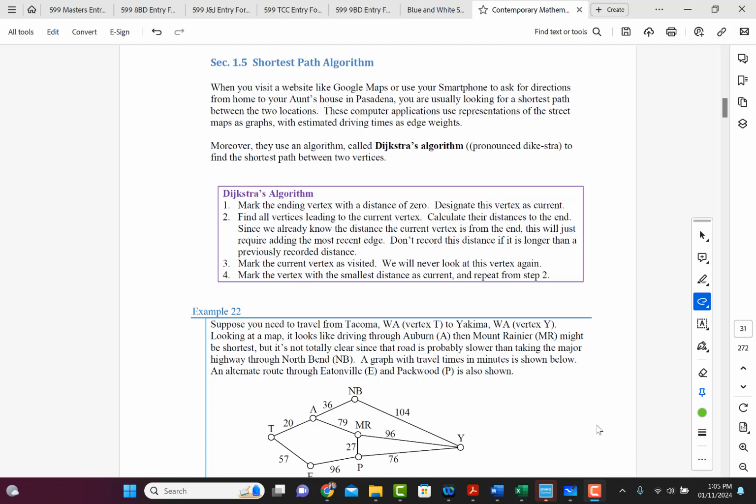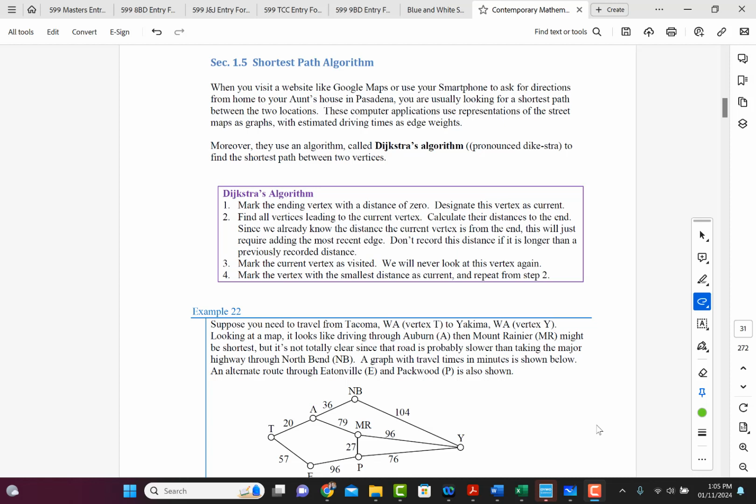These computer applications use representations of the street maps as graphs, with estimated driving times as edge weights. Moreover, they use an algorithm called Dijkstra's algorithm, to find the shortest path between two vertices.